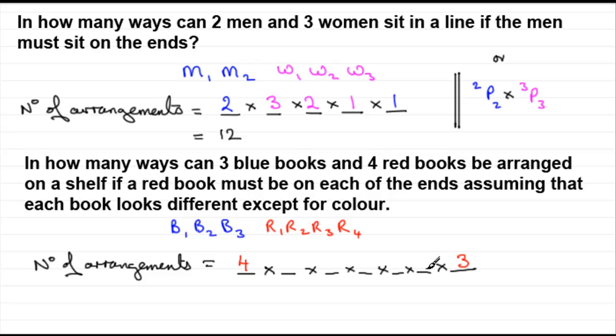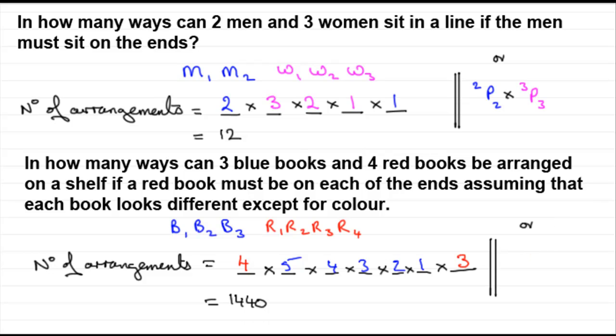So therefore, putting books in here is just going to be 5 by 4 by 3 by 2 by 1. 5 books, irrespective of whether they're blue or red, can be arranged amongst themselves 5 factorial ways. Now if you work that out, you'll find that you get 1440.